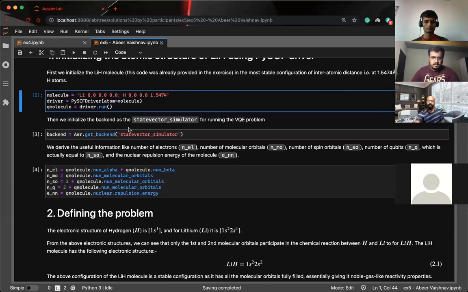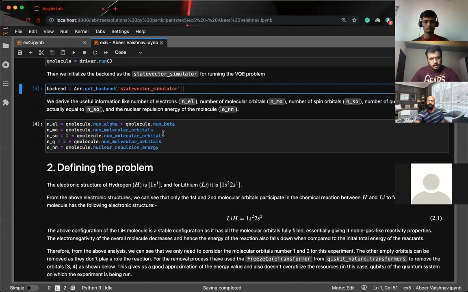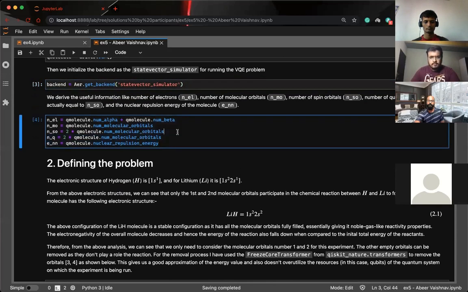Then we initialize the backend that we want to use. In this case, we are using the state vector simulator. To keep track of all the particles and all the things that we need further, I have defined the number of electrons, the number of alpha and beta particles, that is the upspin and downspin particles in the molecular orbitals.